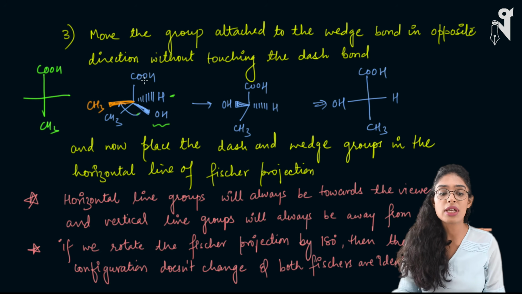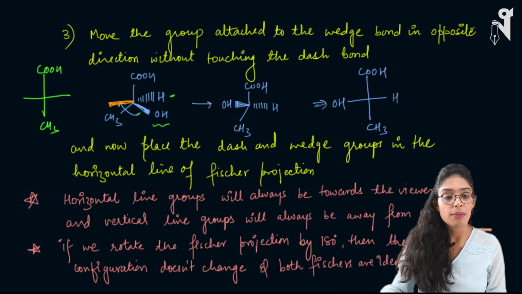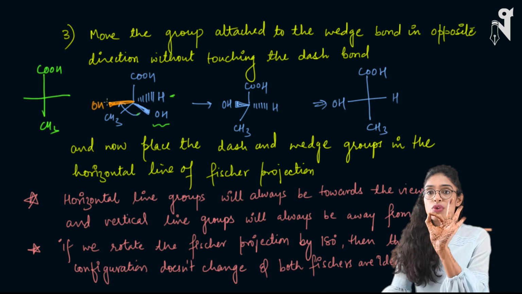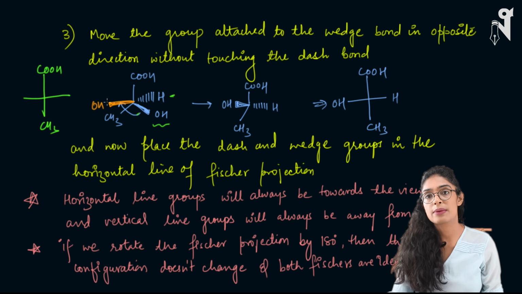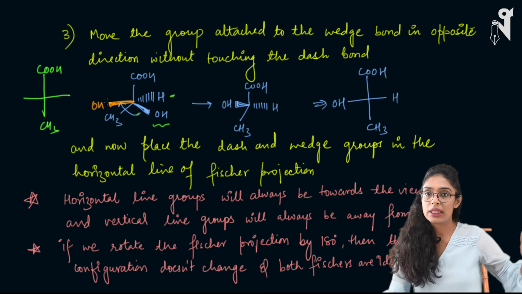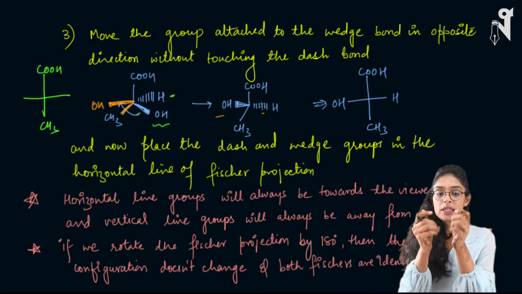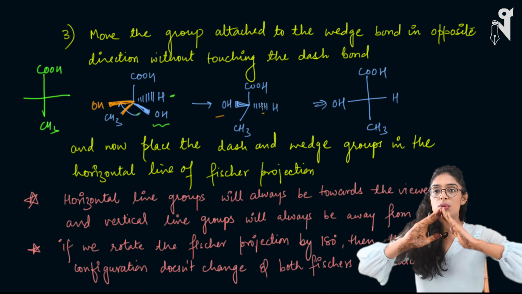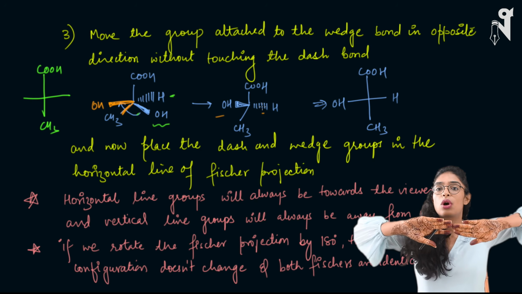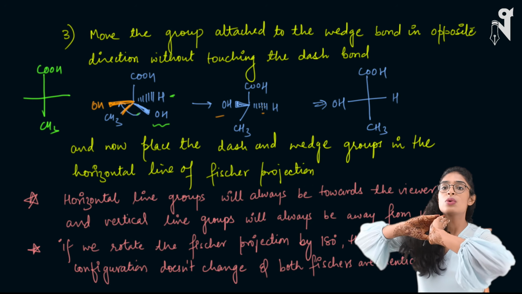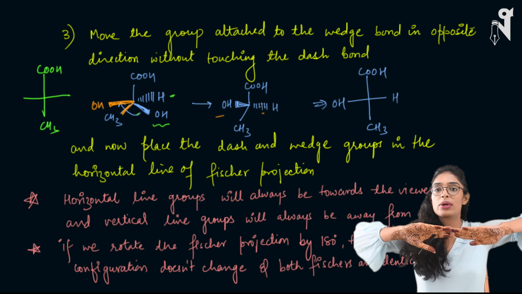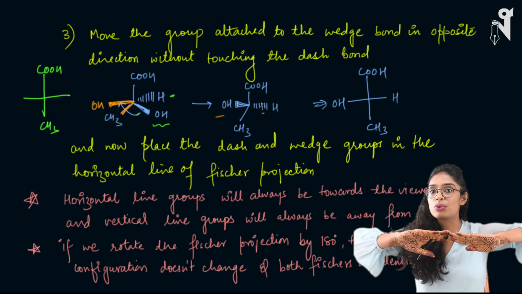My bad, I have written CH3. We just have to move OH from its own place to the other place, crossing the lower normal straight bond. This is how it will become. It was closed like this earlier, and now it has opened like this. That's what we have to do.